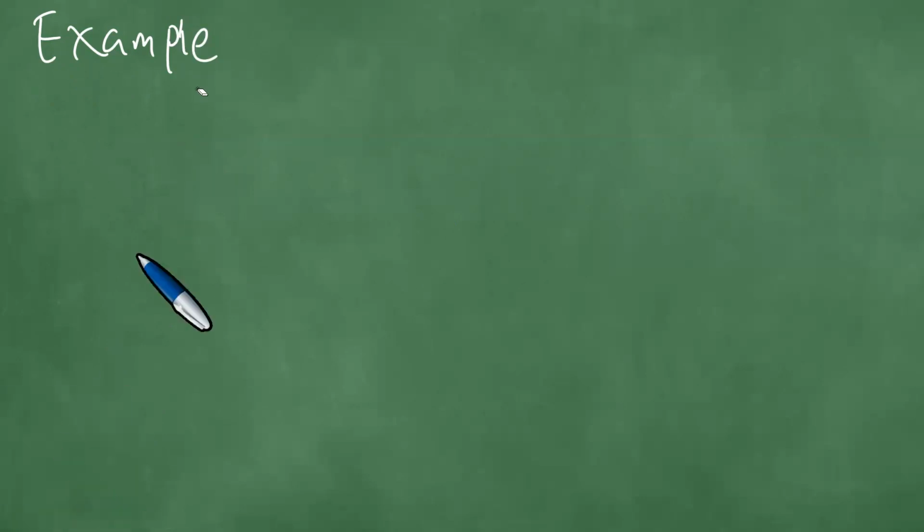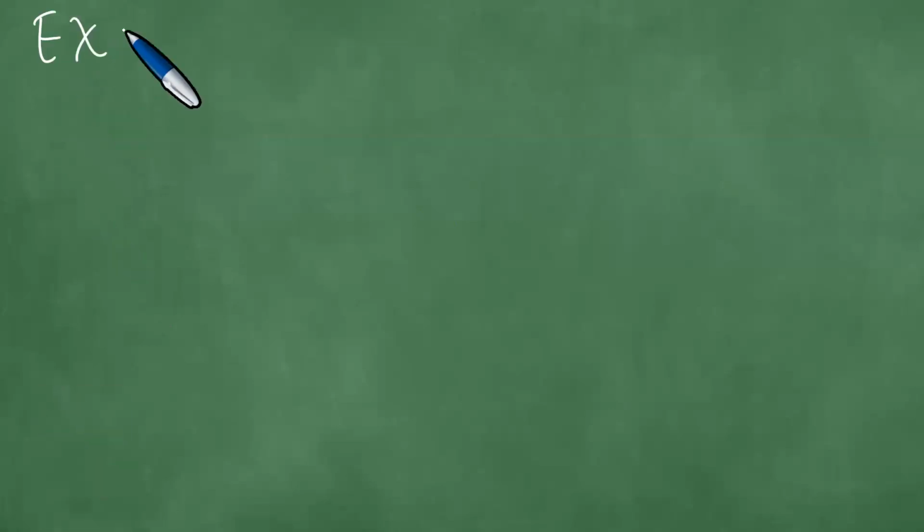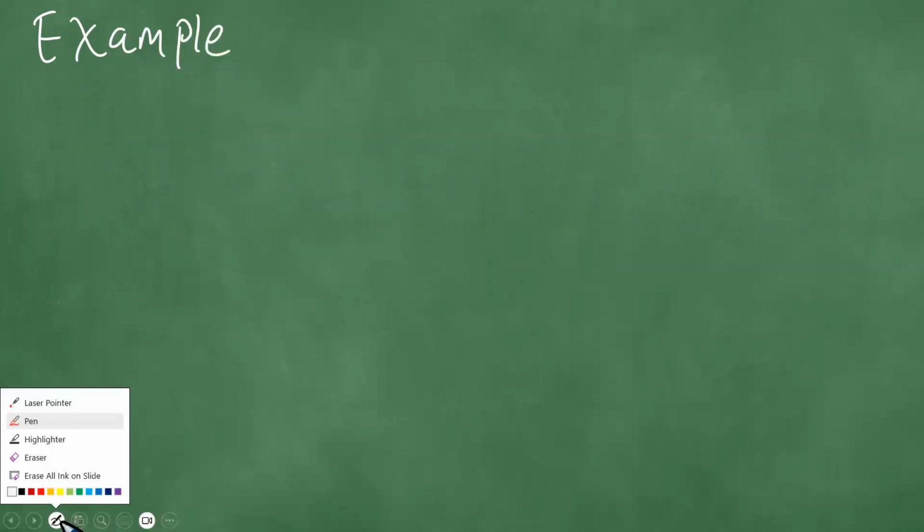So we look at another example. As we look at this example, there are a couple of things that we think about here, and these things are very, very important for us.